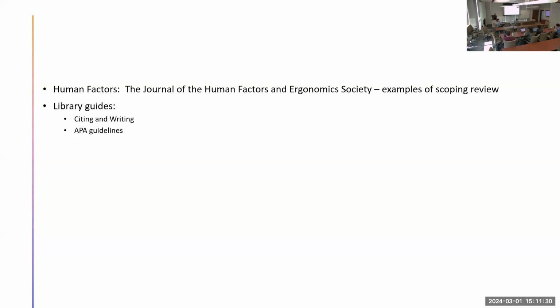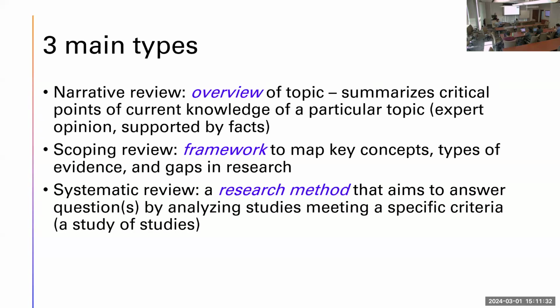We're going to first talk about three main types of systematic reviews. The first is a narrative review, which is an overview of a topic. It summarizes critical points of current knowledge of a particular topic, so expert opinion supported by facts. The next one is a scoping review, which is a framework to map key concepts, types of evidence, and gaps in research.